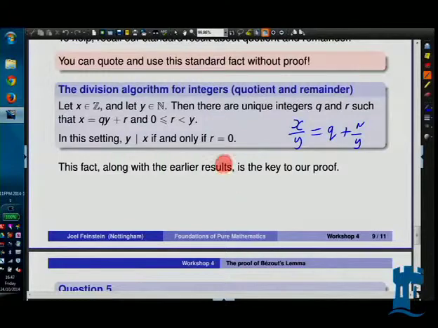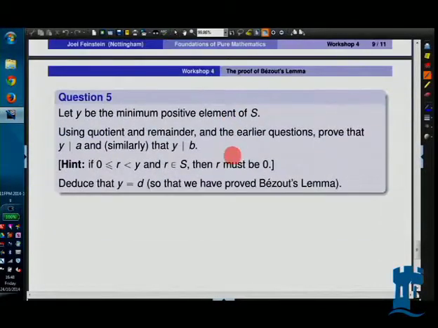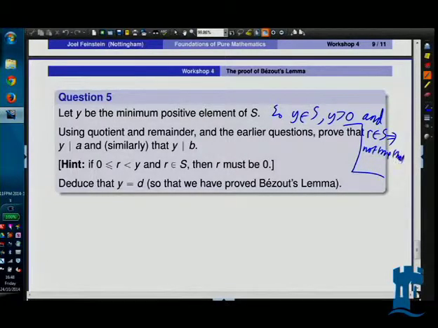Now we let y be the minimum positive element of S, and we want to try and prove it's D. But notice that y is in S, y is greater than 0, and if r is in S, it's not true that 0 is strictly less than r is strictly less than y.